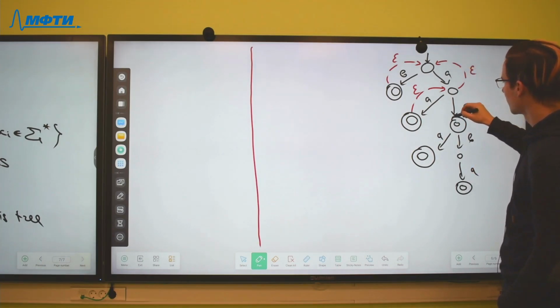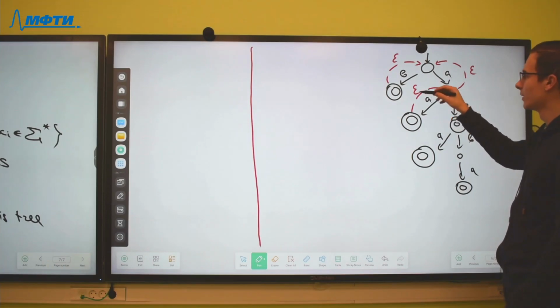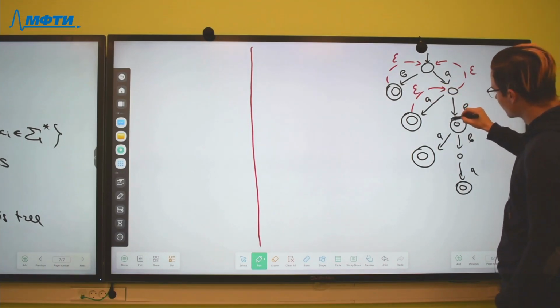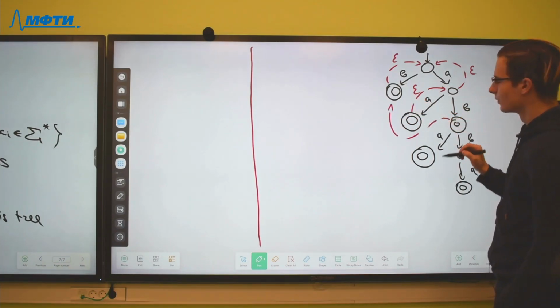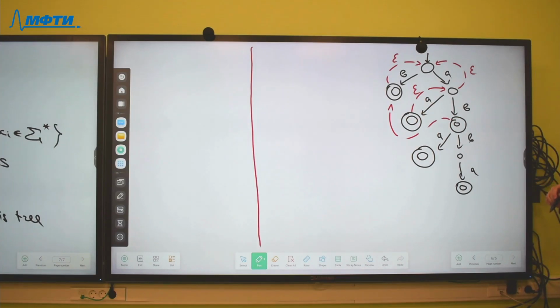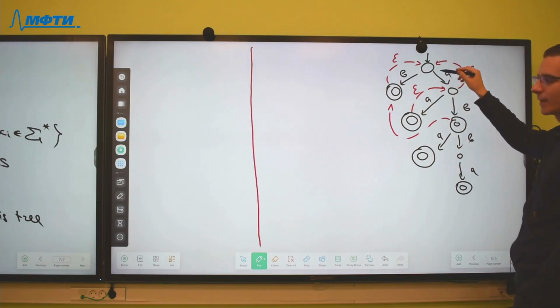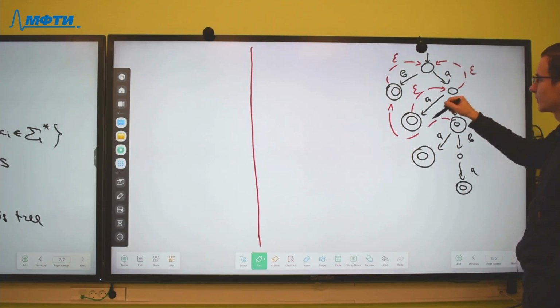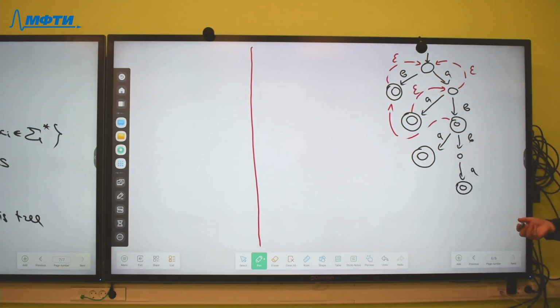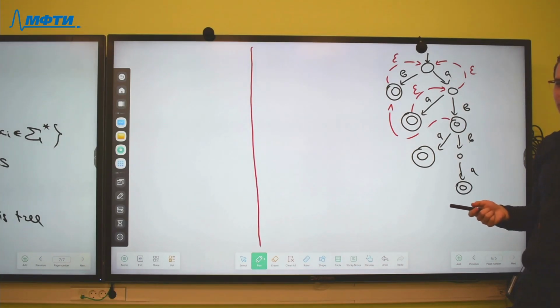AB has such suffix, B. The suffix of AA is A, and of AB is B. It is the longest suffix of this word. Of course, we have an empty suffix here, but it is shorter than the suffix that is equal to B.